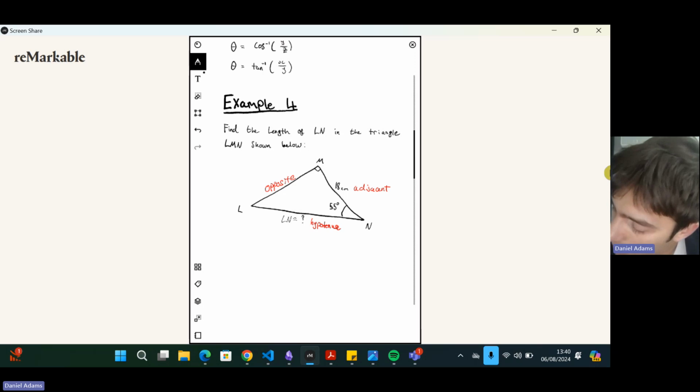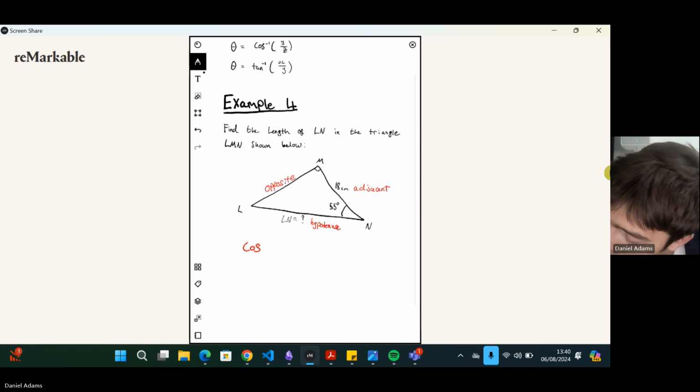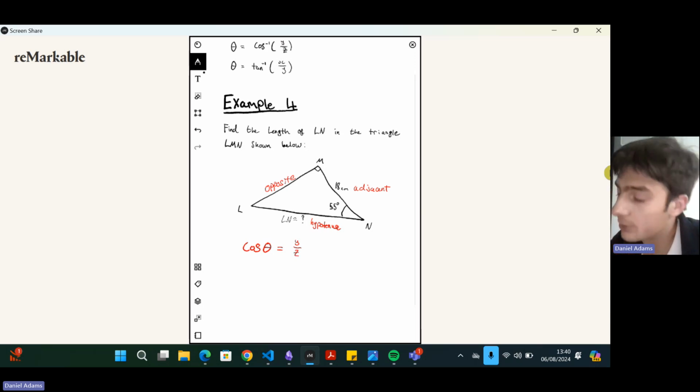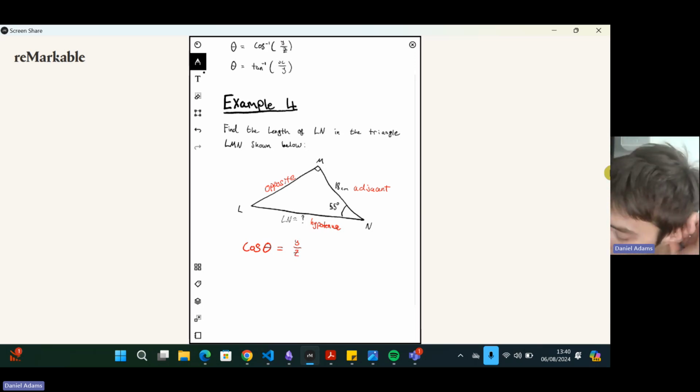We're going to use the cos of our angle, so the cos of theta is equal to the adjacent, which is y, over the hypotenuse, which remember we called z. So this is the formula we're using. Here, our theta is 55.